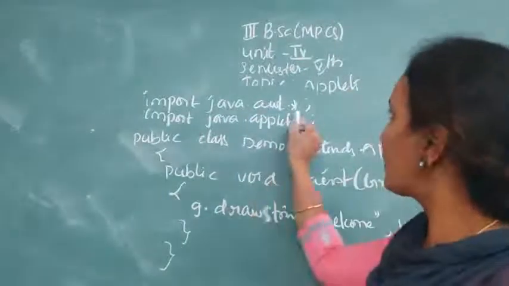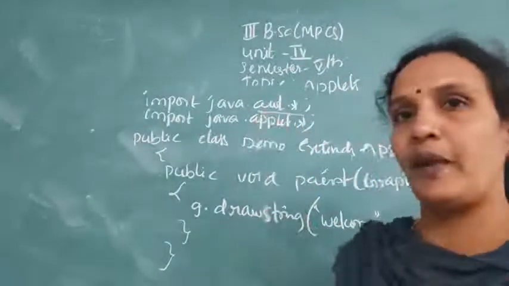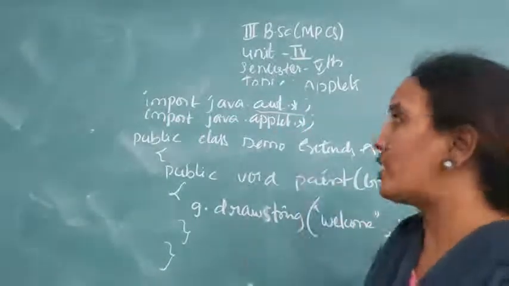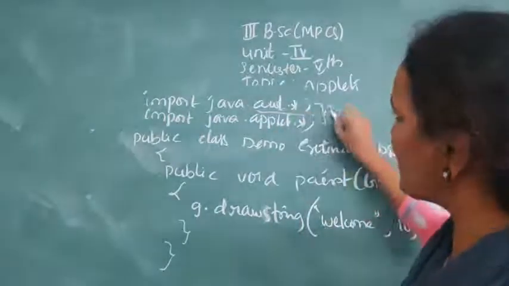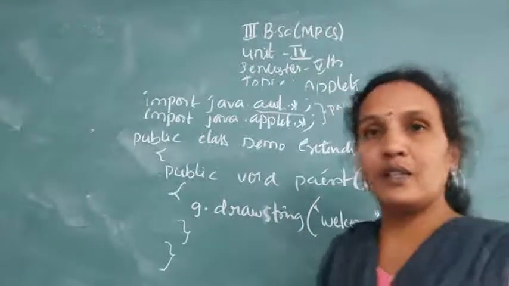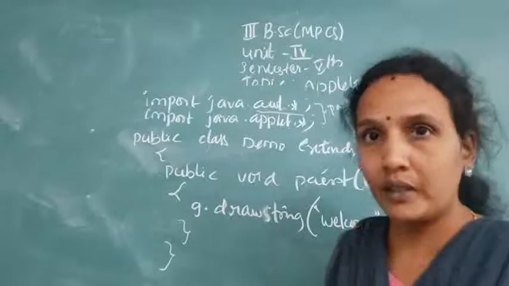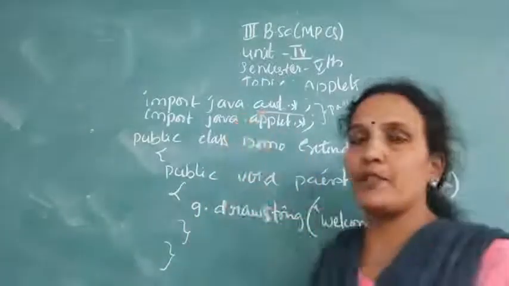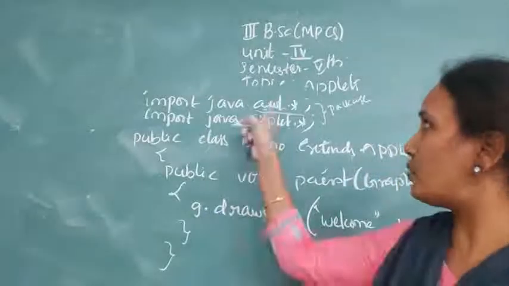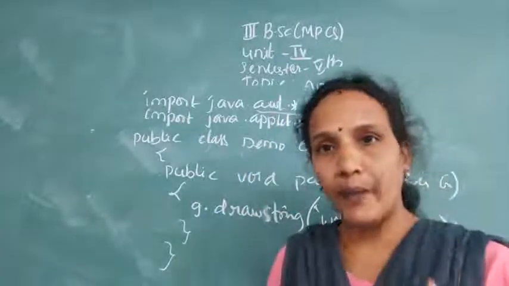Understood? Now I will explain it line by line. First one is the AWT package, Abstract Window Toolkit. This is a package, and these two packages are very important. We are taking some of the classes and methods from these two packages. That is why it is mandatory to include these two packages at the beginning of the program.